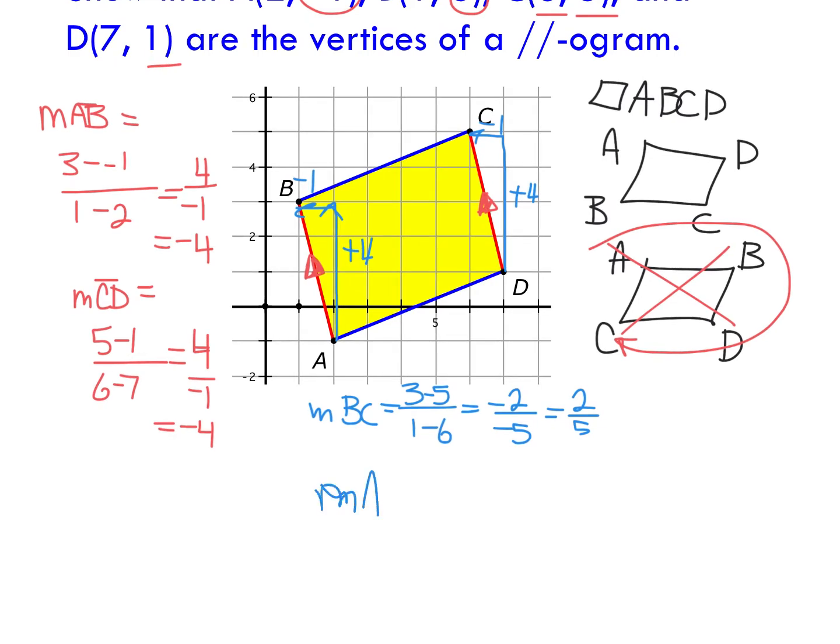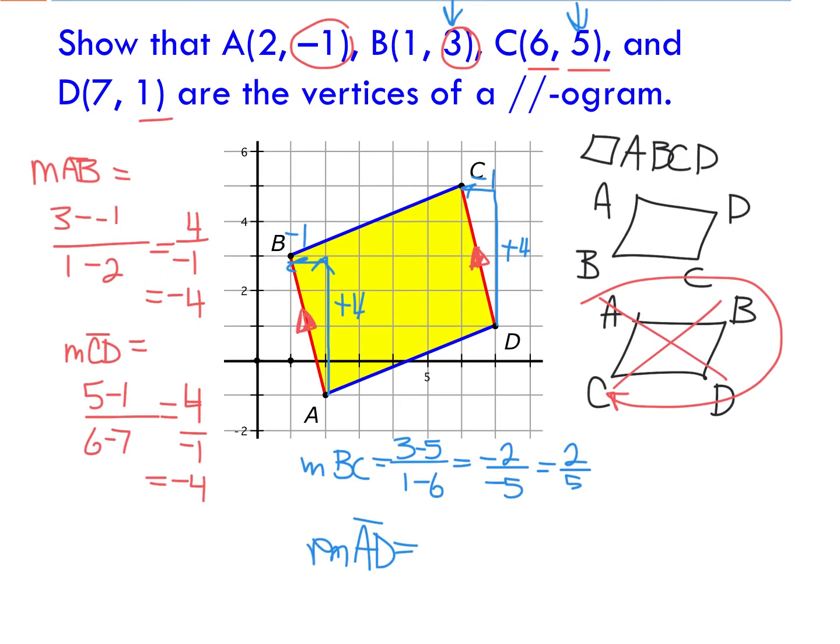Oops, that should be an M. And that's going to be AD. I'm going to do 1 minus negative 1, change in y, over 7 minus 2. This is going to equal 2 over 5. So notice these two are equal, these two are equal. So I know this side's parallel to this side.